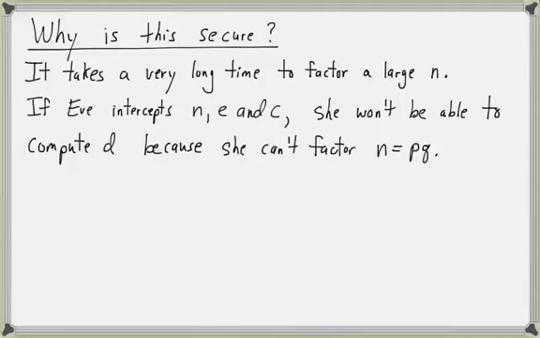It takes a really long time to factor these large numbers. Therefore, there's no way that Eve will be able to compute the decryption exponent d in order to decrypt the message.